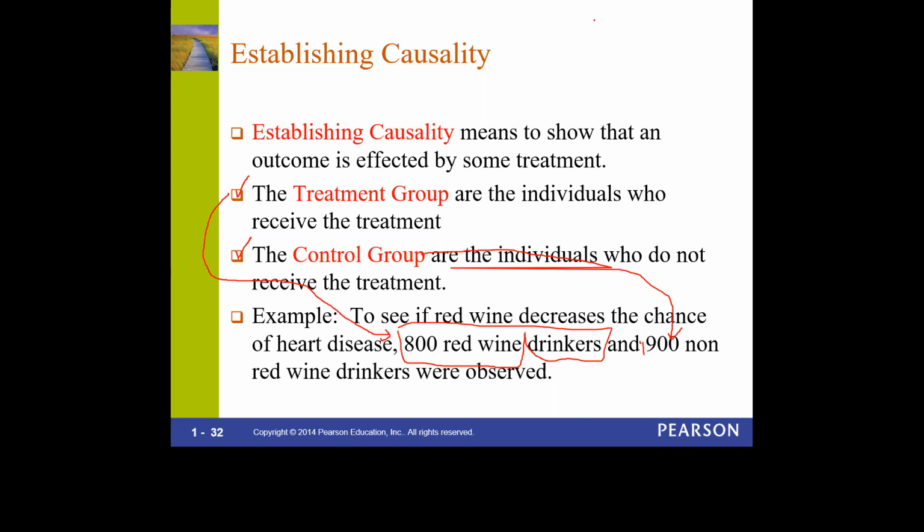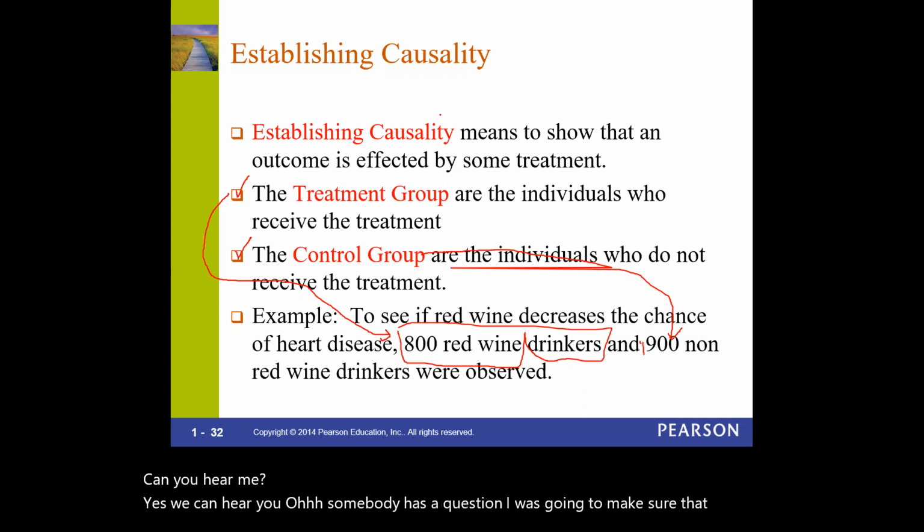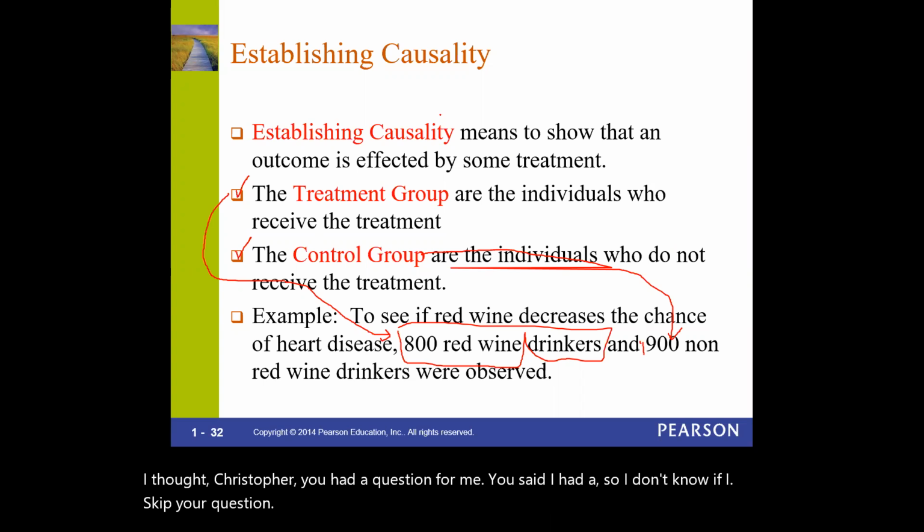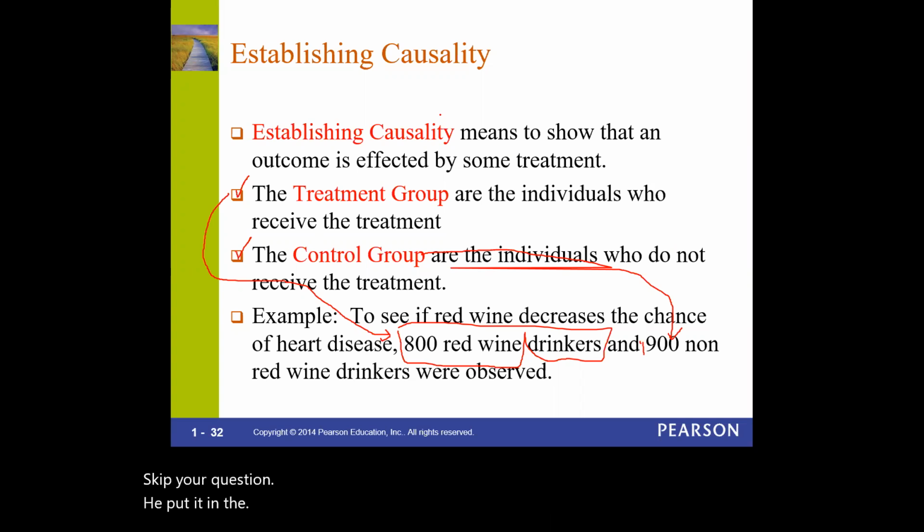Can you hear me, guys? Yes, we can hear you. Yeah, somebody has a question. I thought, Christopher, you had a question for me? I don't know if I skipped your question. All right, he put it in the chat. Okay, I'm listening.